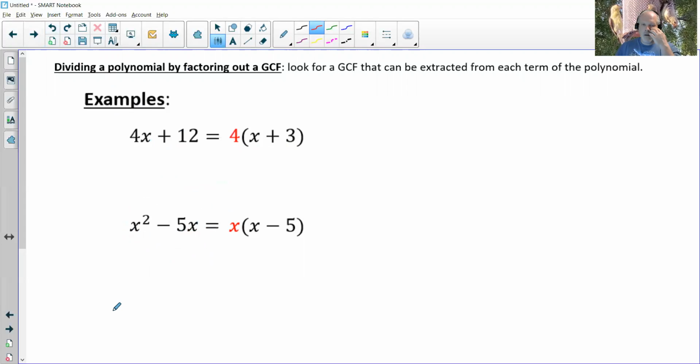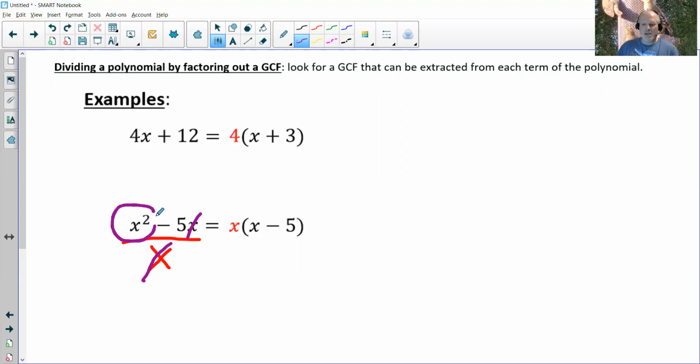And in fact, you're going to extract the number of x's that is the lowest degreed term, meaning I can divide both of these by x to the first power, because that's going to cause this to cancel, and then one of these will cancel, but you can see I still have one left inside the parentheses.